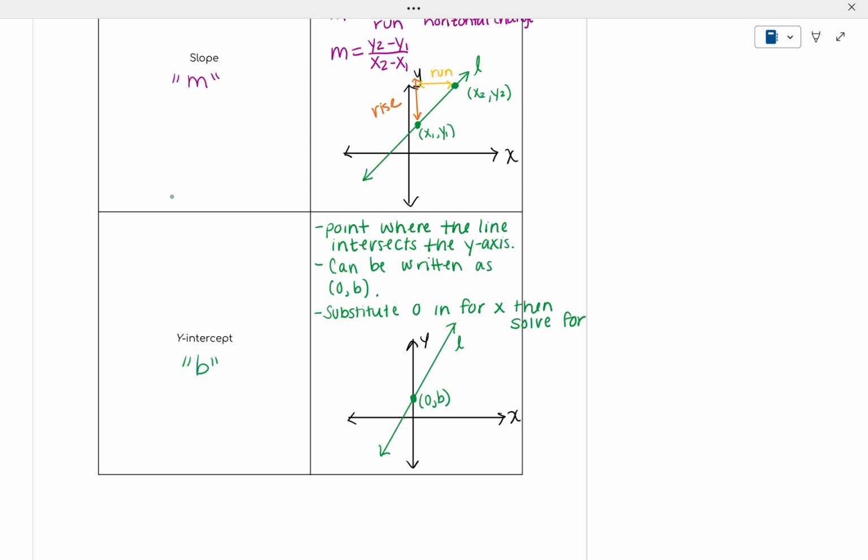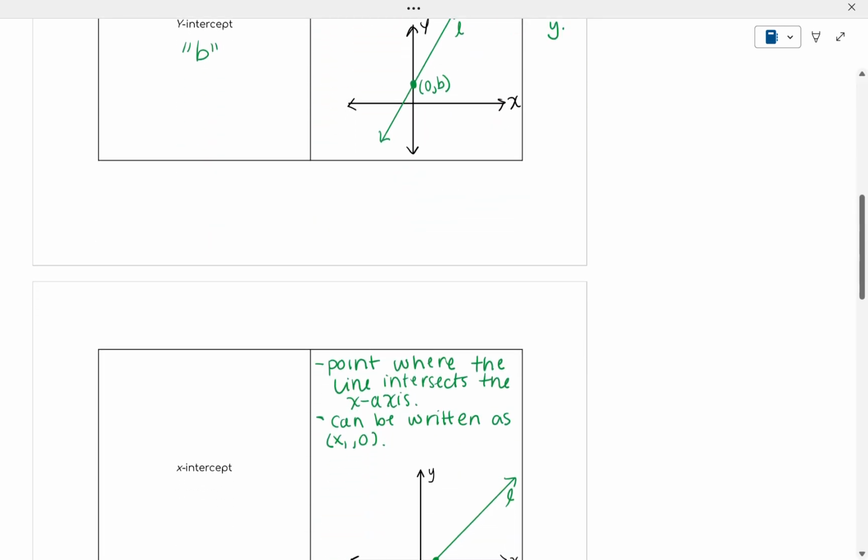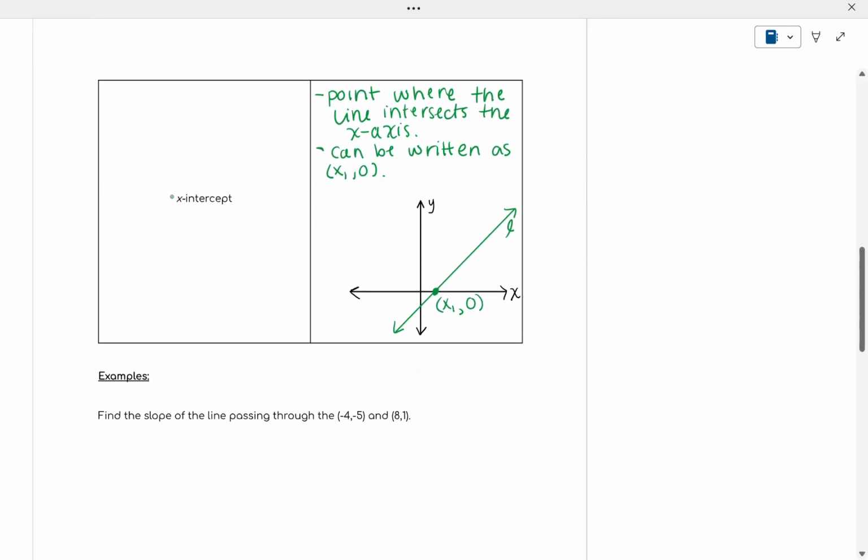And on the other hand, for the x-intercept, we substitute 0 for y and solve for x.